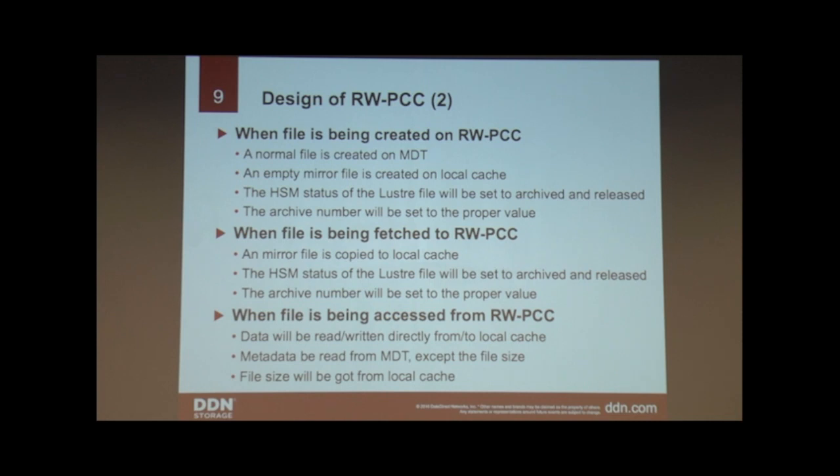And the third situation is if a file is being accessed from the read-write PCC, as you can imagine, the data will be read from the local cache, but the metadata will still be read from Lustre. But we improved that a little bit because we can cache the metadata on the local cache too. So if you do a stat, the client can just read the metadata directly from the local cache. So it will speed up the metadata access, right?